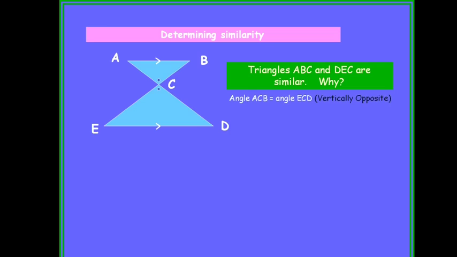Look, angle ACB and angle ECD are vertically opposite angles, so they are equal. In the same way, angle ABC is equal to angle DEC since they are alternate angles.